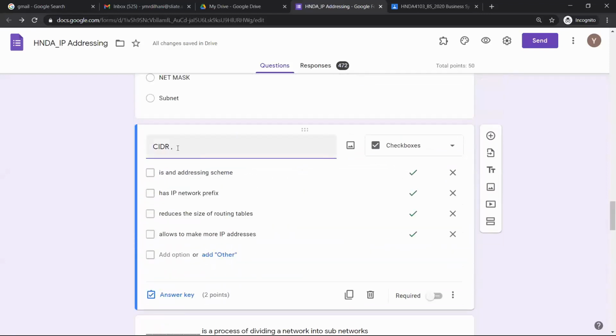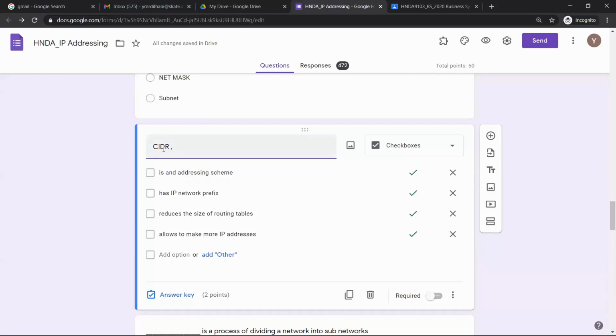Right. And these things, just remember, right? Okay, CIDR addressing. This is also a kind of addressing scheme. And when you are asked what this is, this is an addressing scheme. It also uses a prefix to represent an IP address.